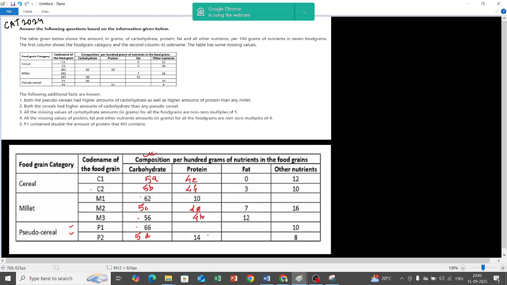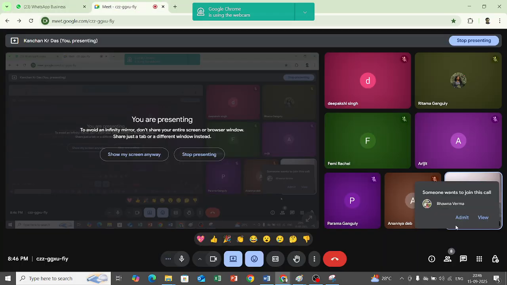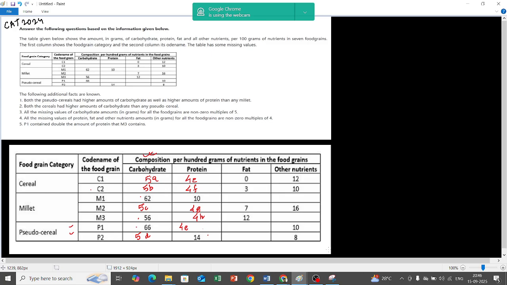Now this I can take as 4k, this I can take as 4p, this I can take as 4l, this I can take as 4m, this I can take as 4n.